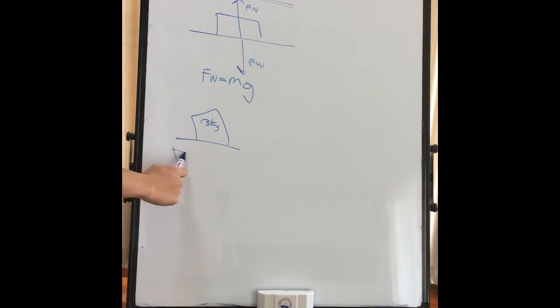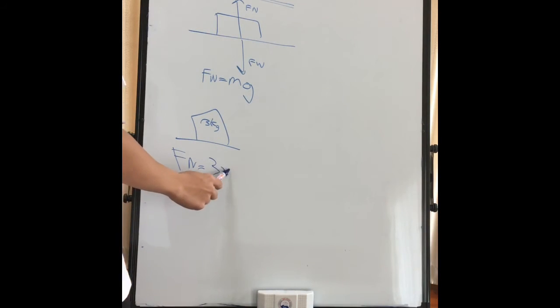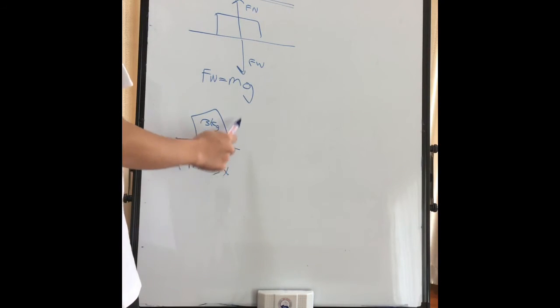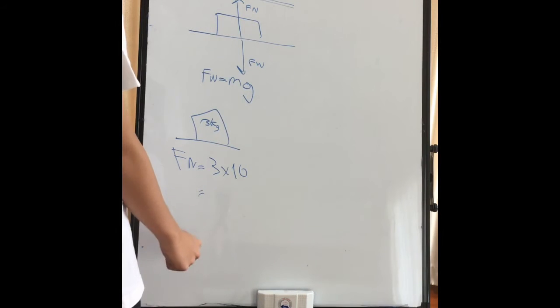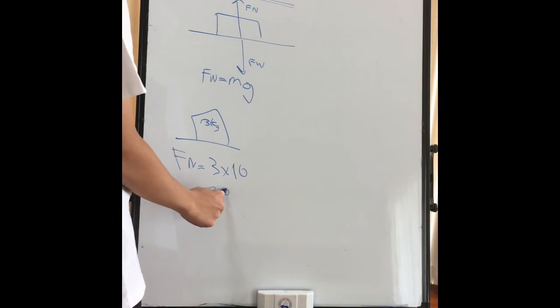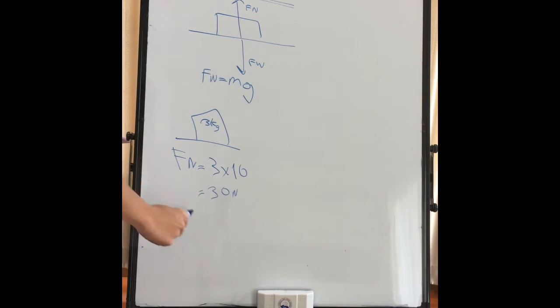So we take mass 3 multiplied by g, which is 10. So we get 30 Newton. So normal force is 30 Newton.